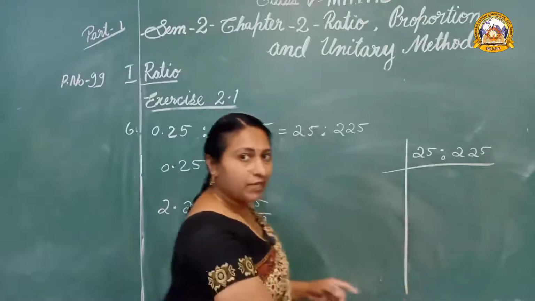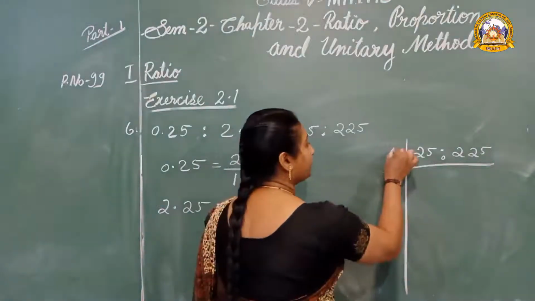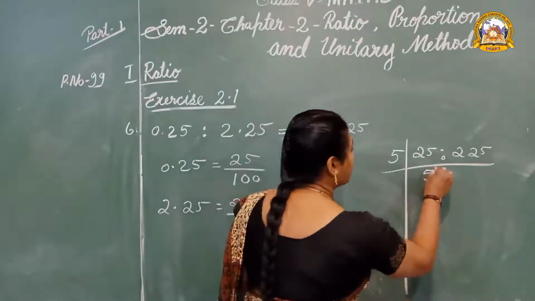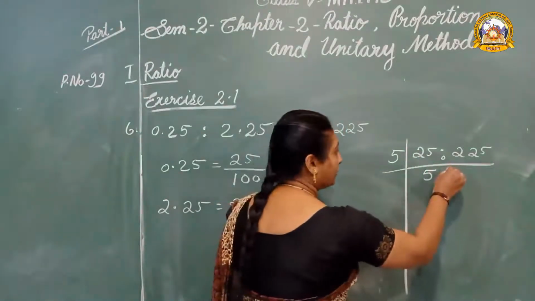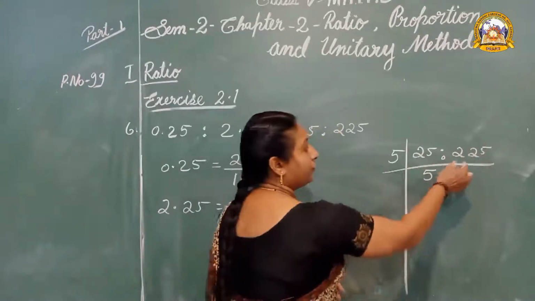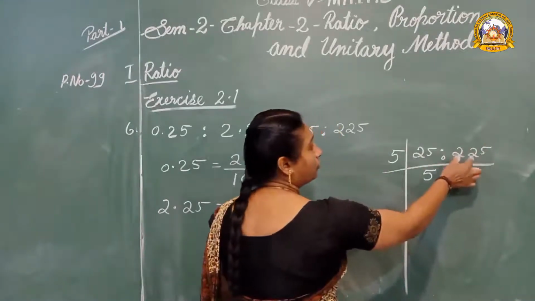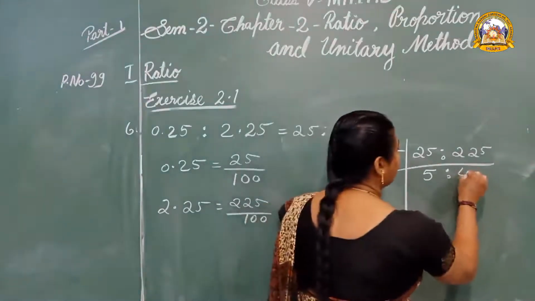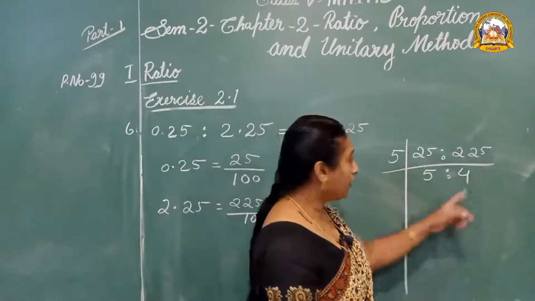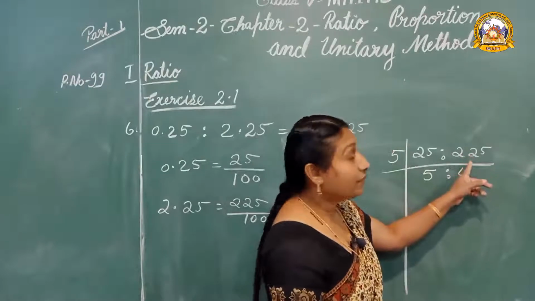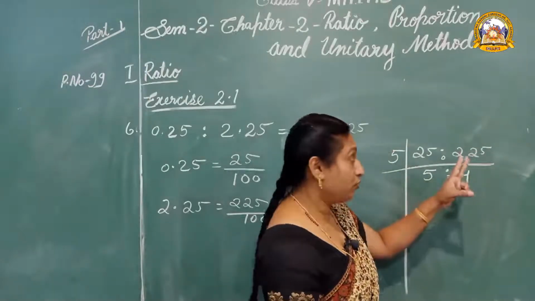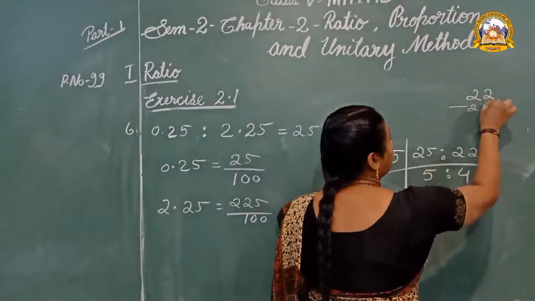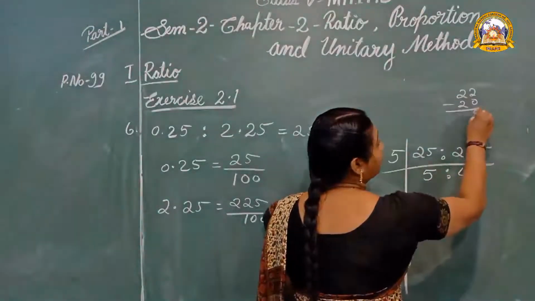So, they are multiples of 5. In 25, how many 5's are there? 5 5's are 25. And in 225, first let us take the 22. In 22, how many 5's are there? Yes, 4 5's are 20. Okay. Then 22 minus 20 is 2. What is the remainder? 2, no?